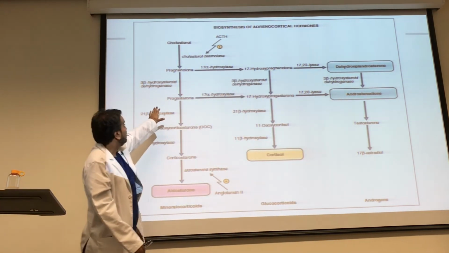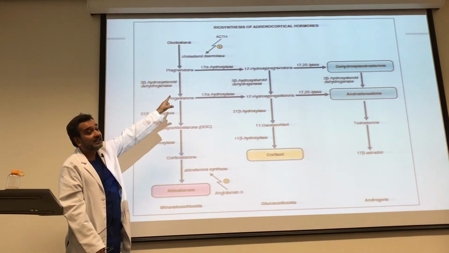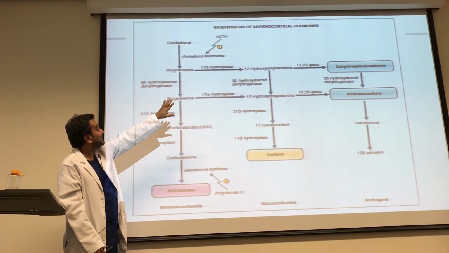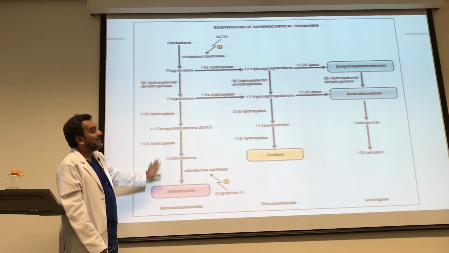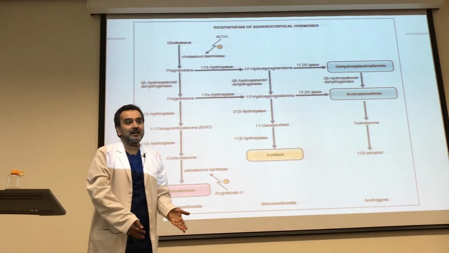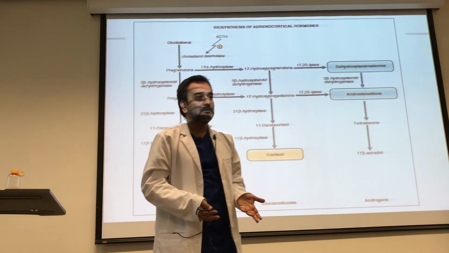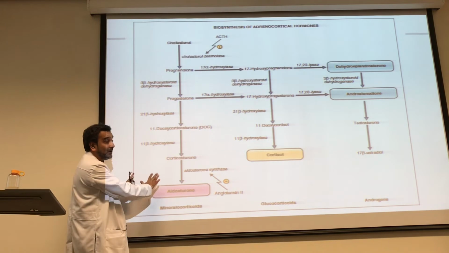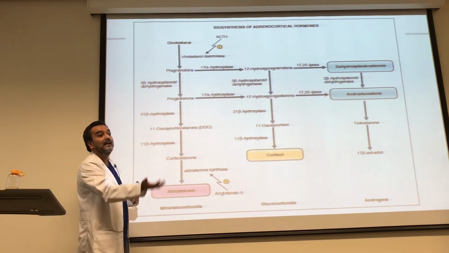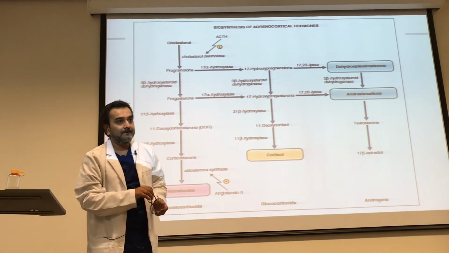If you are not producing 17 alpha hydroxylase, this cycle is going to shift towards this side, meaning that you would have more mineralocorticoid activity and you would have more glucocorticoid activity. So you need to think and look at the deficiency of enzymes and think what can happen. Okay?